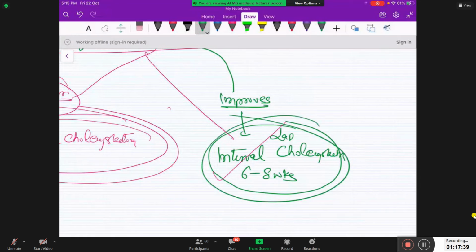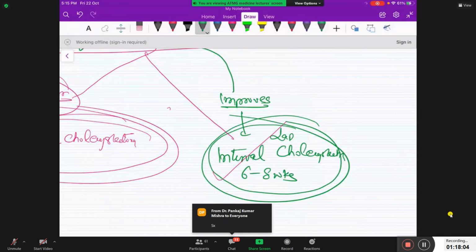So if I ask you a single liner question now, which will not come in the present type of exam we are having. If I ask you, what is the treatment of choice for acute calculus cholecystitis? We have to mention early laparoscopic cholecystectomy.